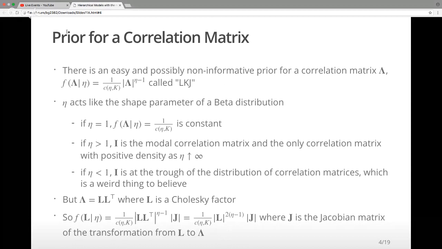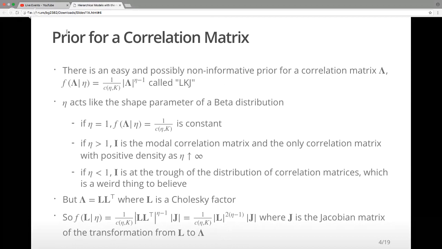That seems pretty excessive to me. I will usually use, if not 1, then between 1 and 2, to give a little bit of concentration toward the identity matrix, but not a whole lot. Even if you sort of intuitively think, well, these correlations can't be all that big, you don't necessarily have a strong belief that they're extremely close to 0, or at least some of them could venture away from 0 quite a bit.